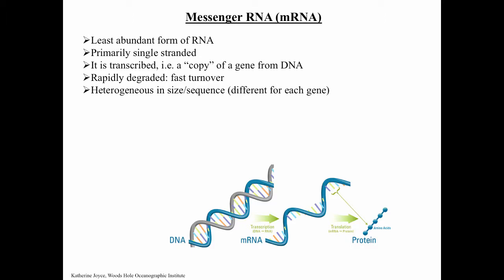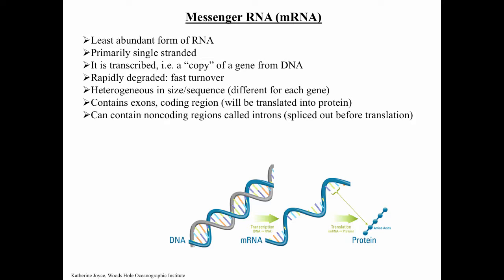Okay, so messenger RNA is very heterogeneous in size and sequence because it's a copy of a gene, a copy of genetic material, and each gene is of different size. We know that messenger RNA contains exons. That's the coding region that is going to be translated into protein. It also contains non-coding regions called introns. They will be spliced or removed prior to translation.